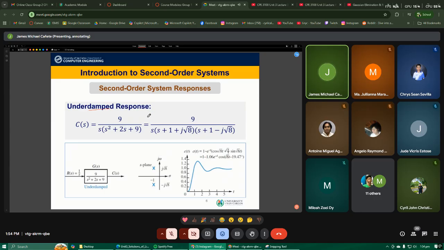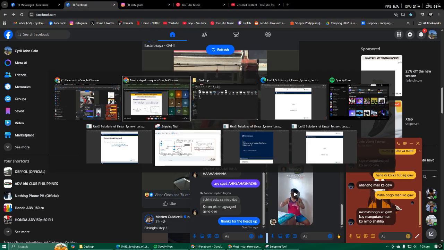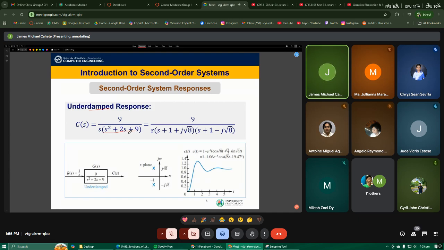The next type of second order systems are underdamped responses. A closer look at the denominator gives us s squared plus 2s plus 9. Why can we tell that it is an underdamped response? If you get the roots of this, or a quick way of knowing is to get the discriminant of this second order polynomial from the quadratic equation.